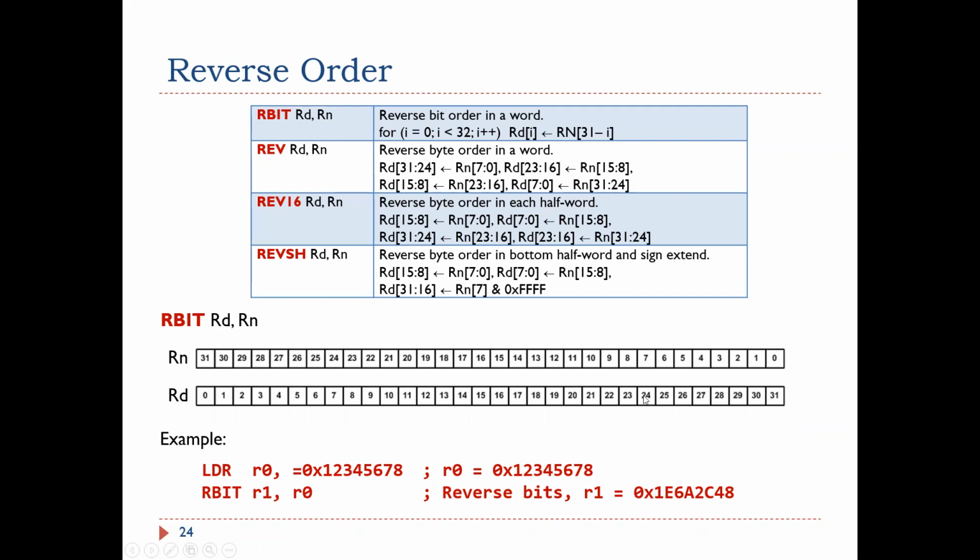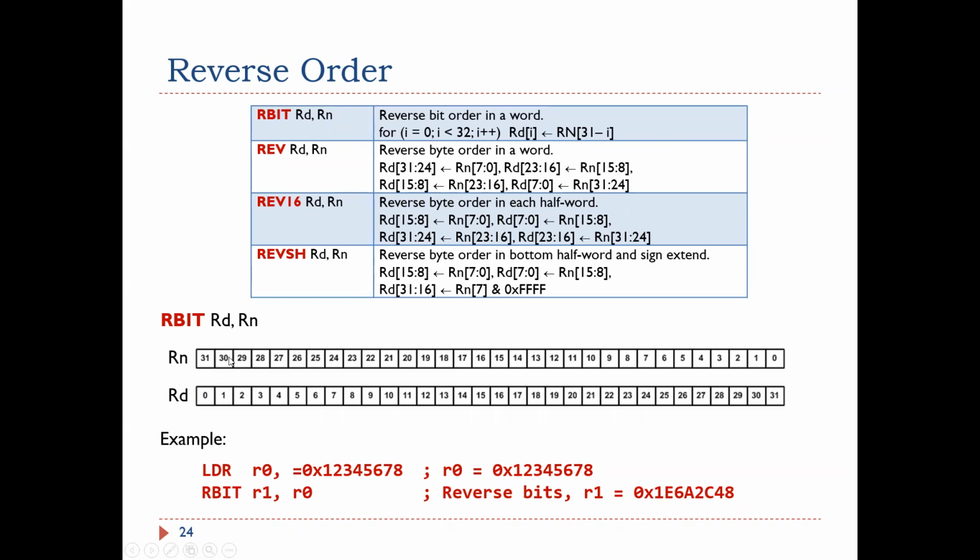In the source, whatever the bit 0 was will become bit 31. And whatever the value in bit 1 will become bit 30. And whatever is in bit 31 will become bit 0.